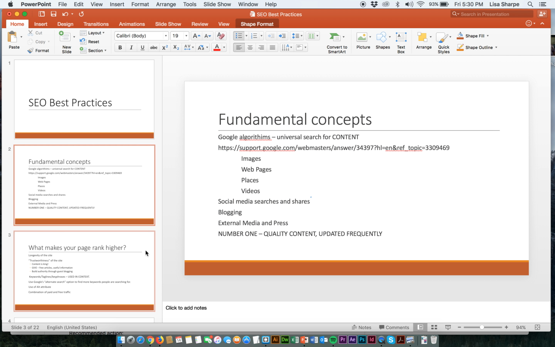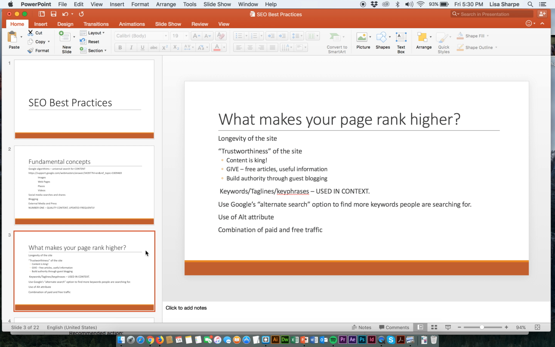Meanwhile, we're going to look at what makes your page rank higher. All right, ranking higher is a combination of the content of your site and how your site is formatted and structured in HTML5. All right, so here are a few other basics. First of all, the longevity of your site does have something to do with it.